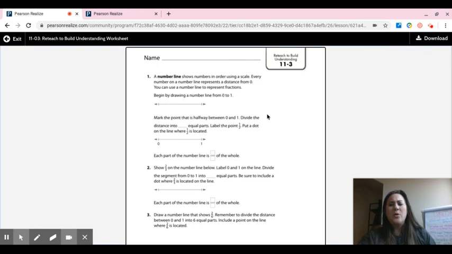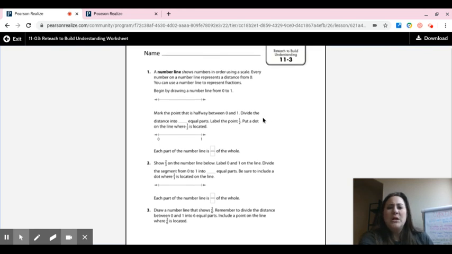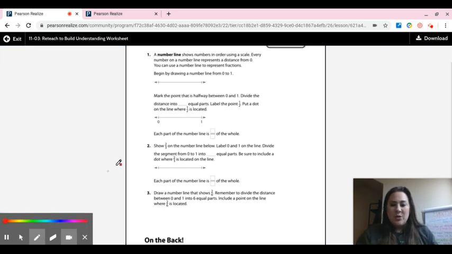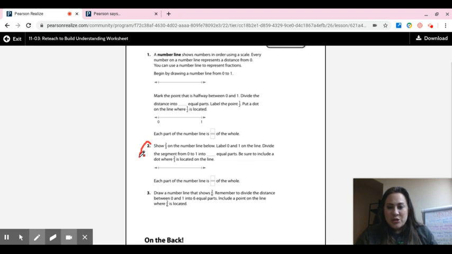So hopefully on my screen, you can just see a quick review. A number line shows numbers in order using a scale. So we have 0 to 1. Number 2 says show 2/3 on the number line. Label 0 and 1 on the line.